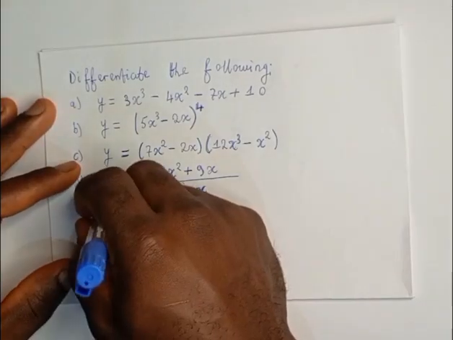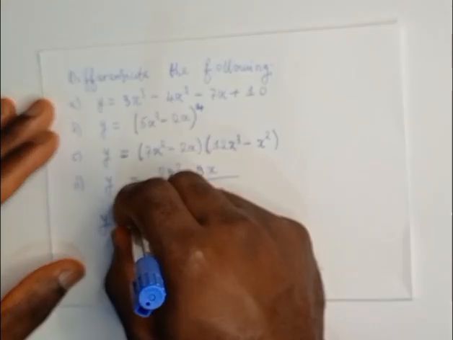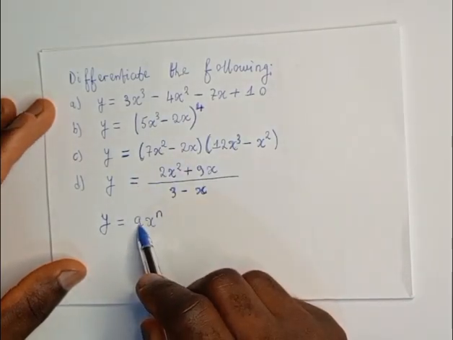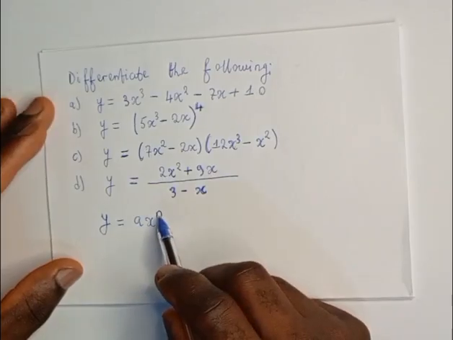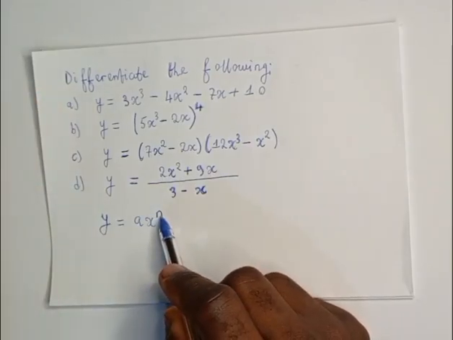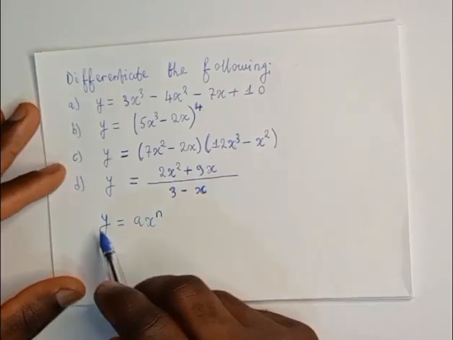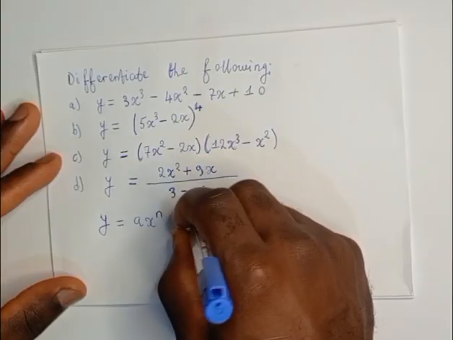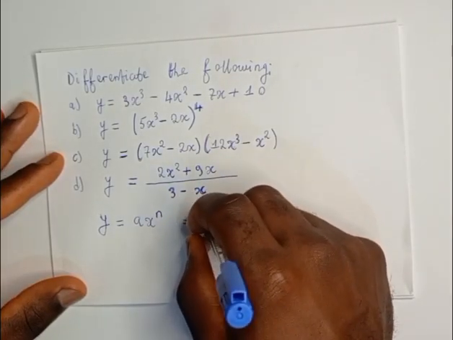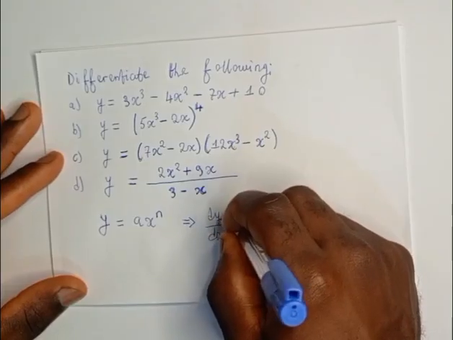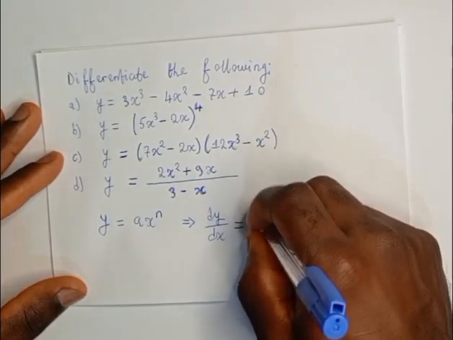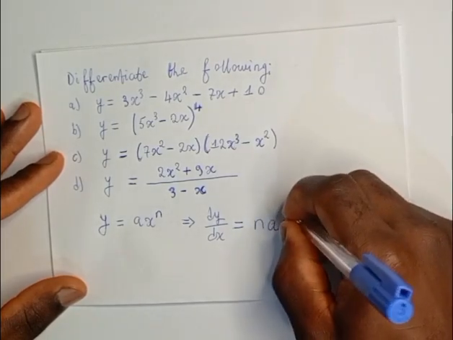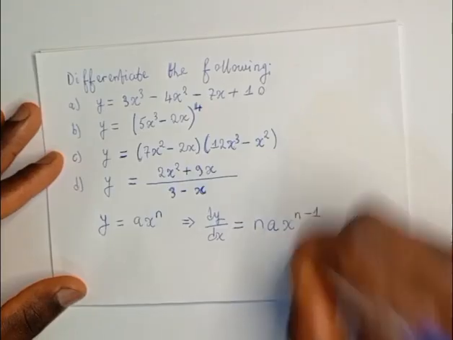We know for any function y equal to ax raised to the power n, where a is a constant and n is an integer, for us to differentiate the function y with respect to x, the derivative, denoted as dy over dx, is simply equal to n times the constant a, times x raised to the power n minus 1.